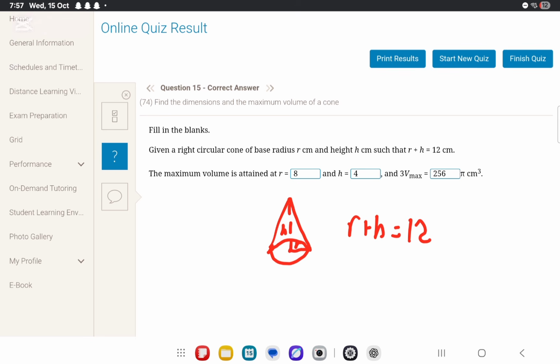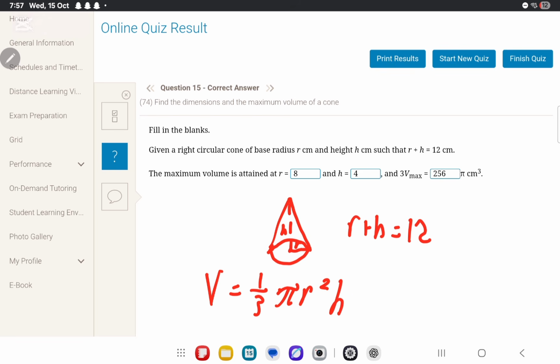Now, what's the formula for the volume of a cone? It's going to be V equals 1 over 3 pi r squared height.